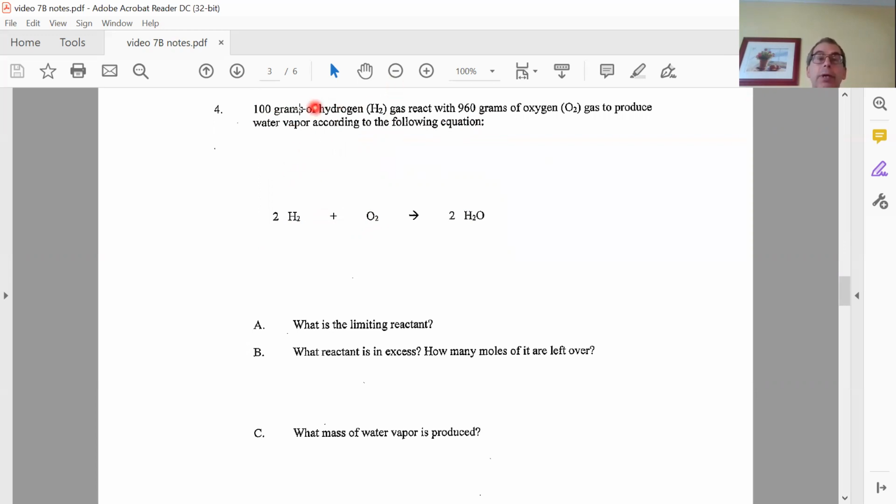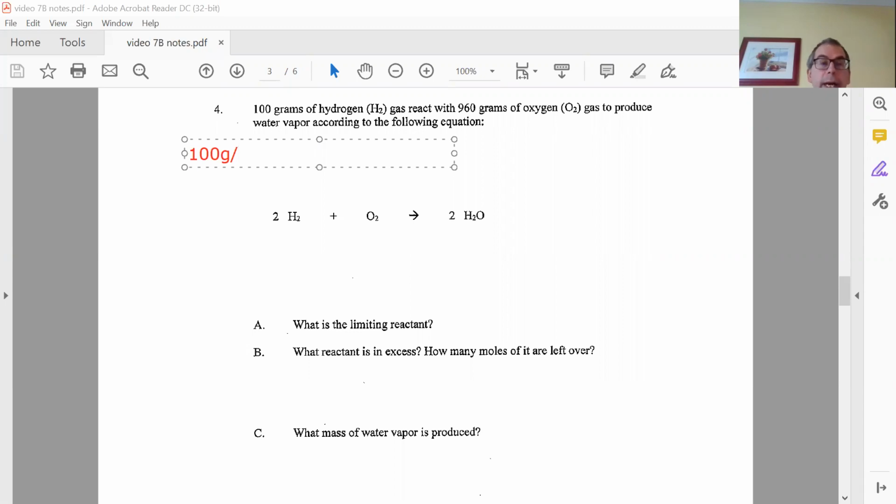And what I'm going to do is take this, I'll do it right up here, and take 100 grams, and I'm going to divide that by 2 grams per mole.